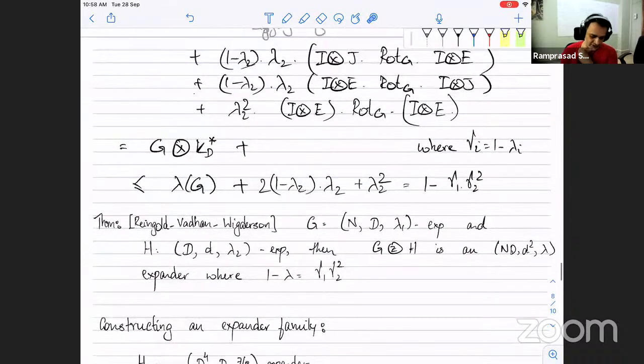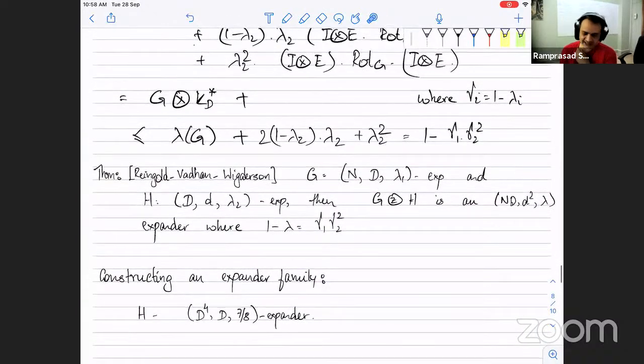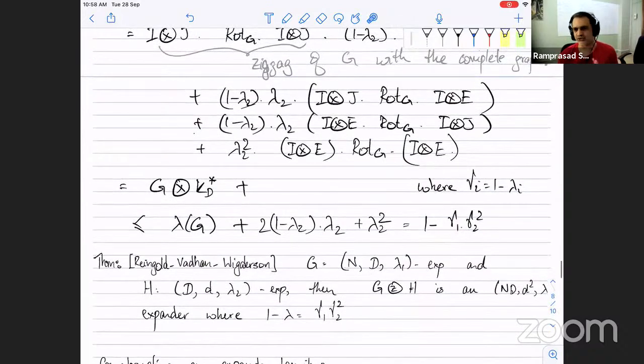Okay. So for constructing an expander family, since I don't have much time, I'll just show you a demo of how it works. I'll keep it in the notes so that you can look at this later, and we'll do this more in the next class. But hopefully this intuitively gives you an idea that we should now be able to build constant degree expanders that are larger and larger with whatever lambda we are interested in.